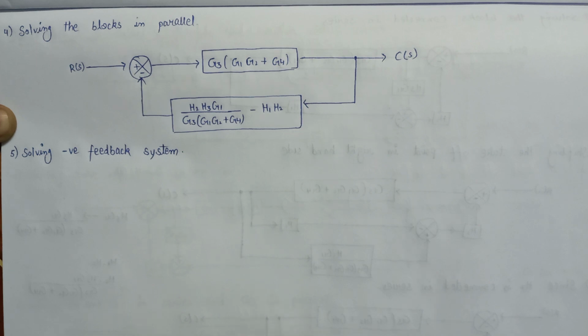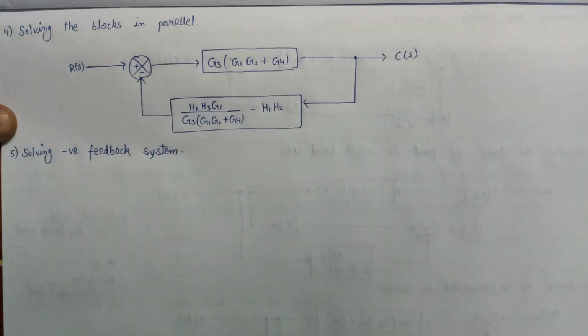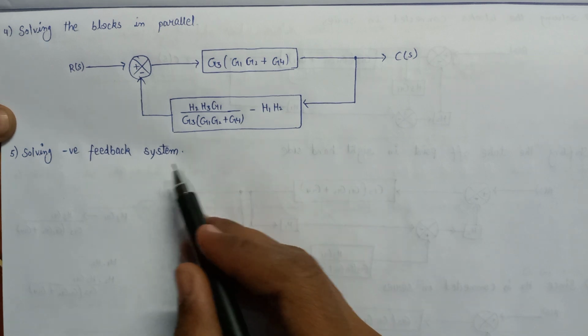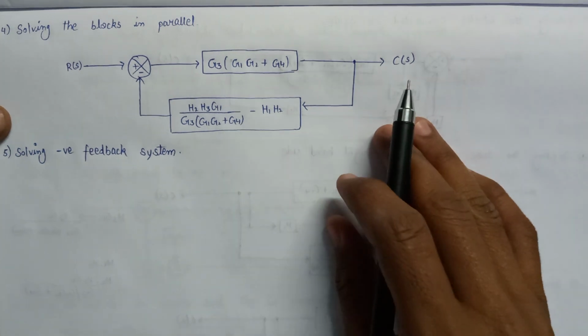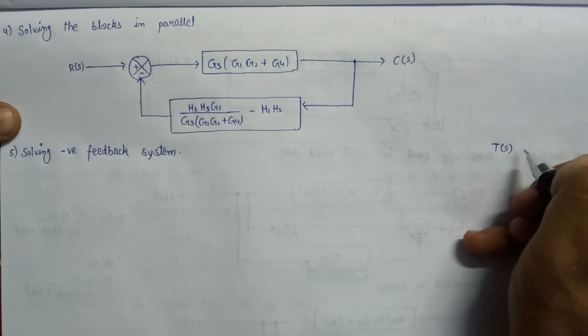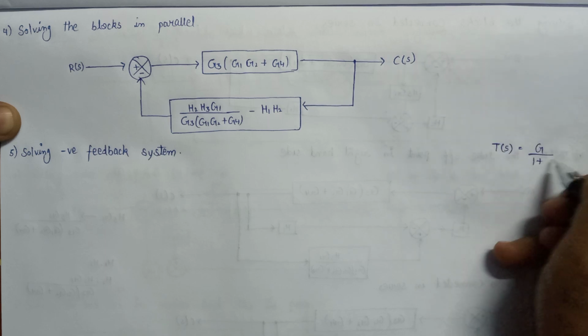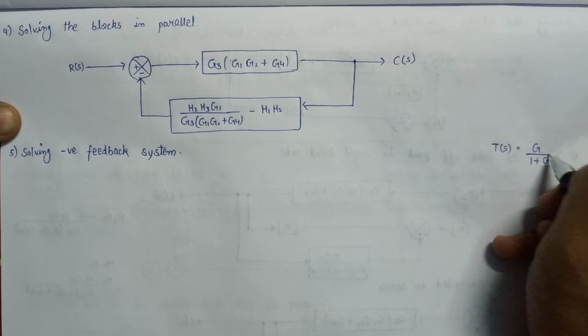So let's calculate the overall output. Since the negative feedback system has the transfer function T of S equal to G over 1 plus GH.